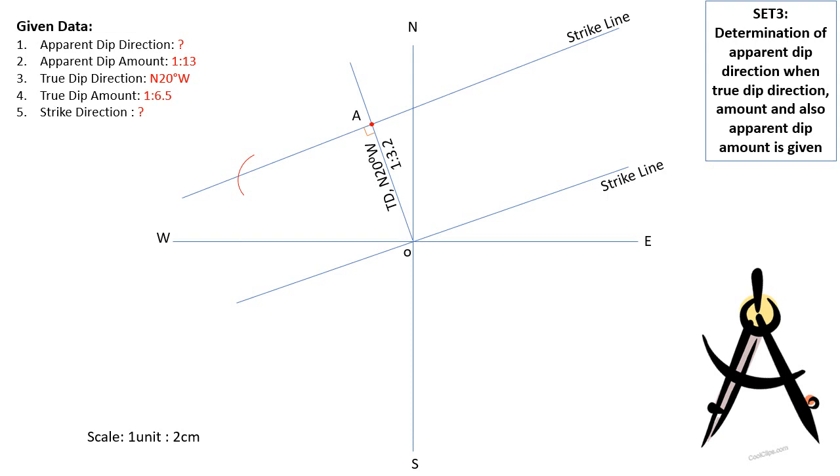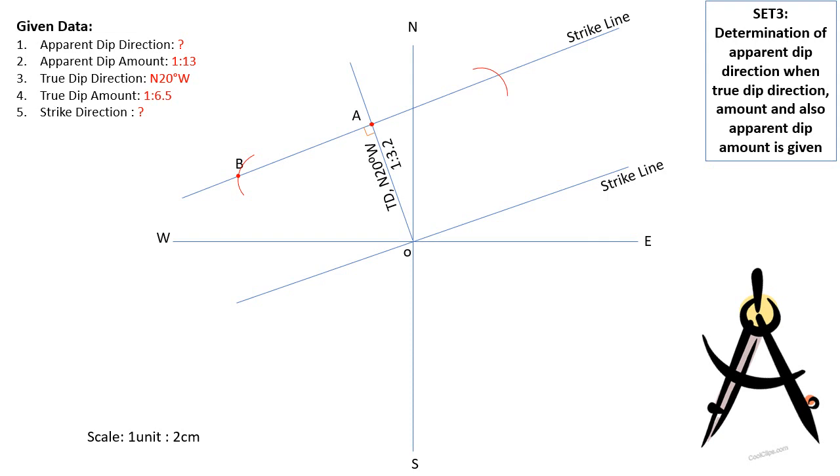From point O we will cut two arcs on the strike line, where it cuts the strike line. The two arcs we are going to draw are of 13 centimeter, that is 6.5, because the scale we have taken is 2 centimeter. So 1 unit is 2 centimeter, so we are reducing it. So 13, half of 13 is 6.5.